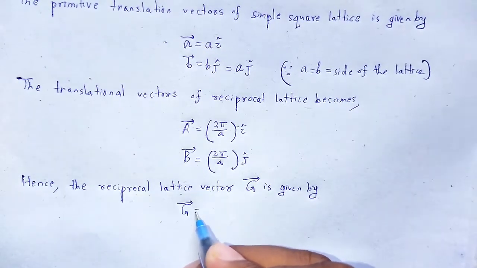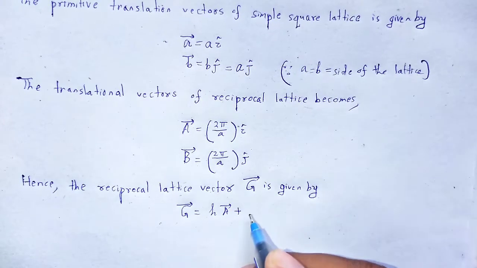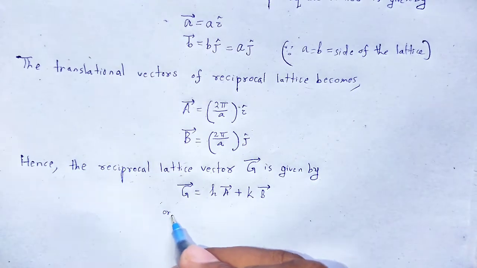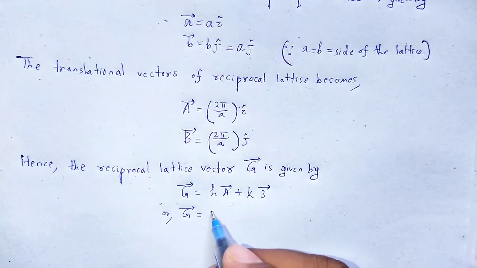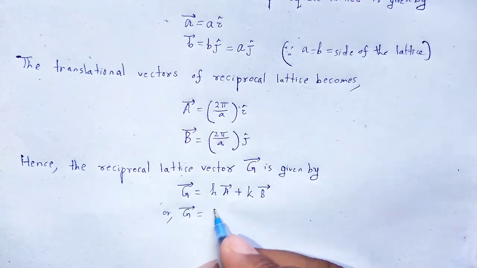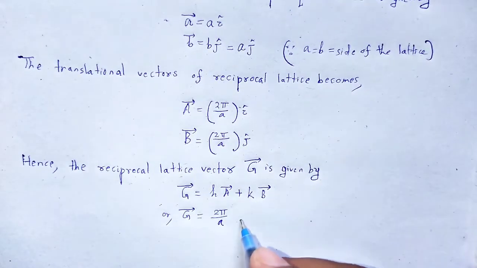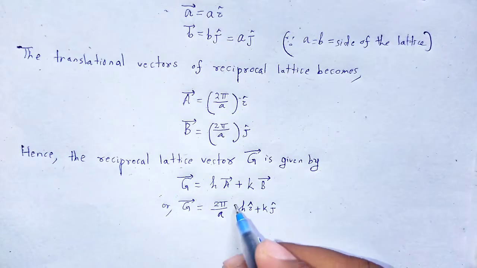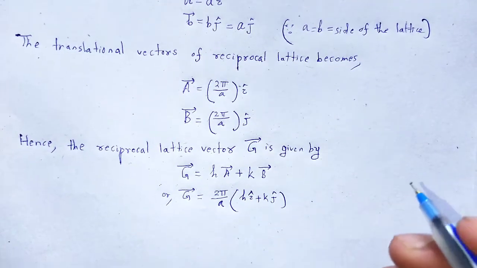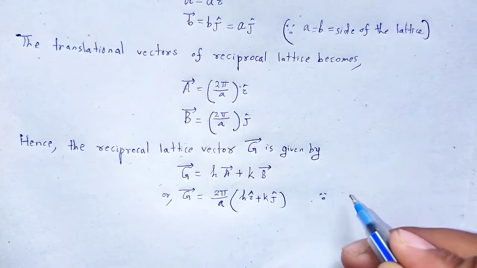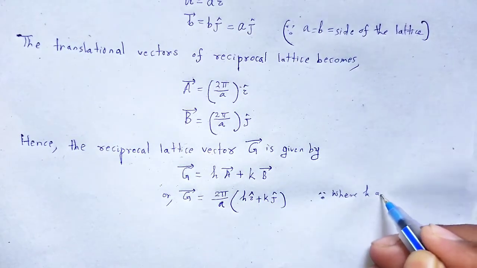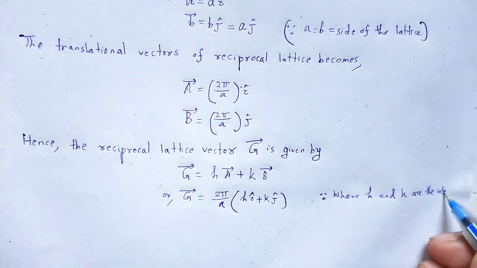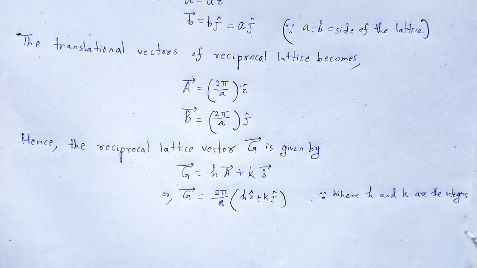G vector is equal to h a vector plus k b vector, whereas G vector is equal to, putting the value of a and b, 2 pi by a as common, h i cap plus k j cap, where h and k are the integers, which represent the Miller indices.